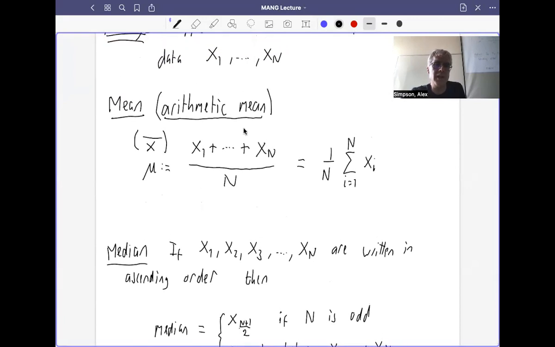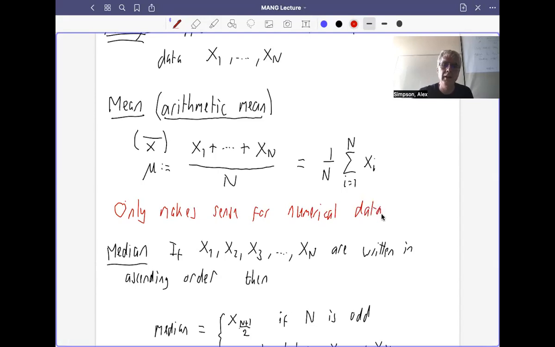In order to calculate a mean of data, we need to be able to add the data and divide it. And so that means this only makes sense for numerical data. So the mean only makes sense the median.